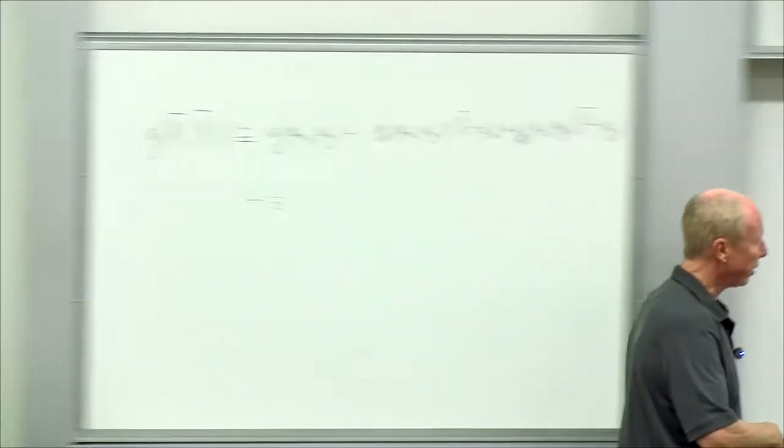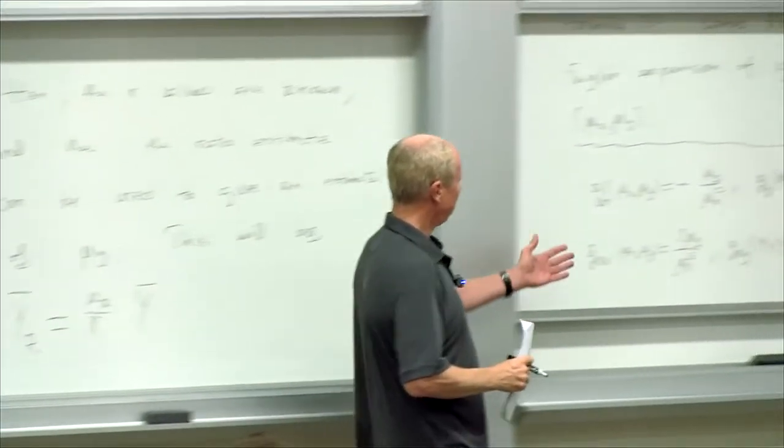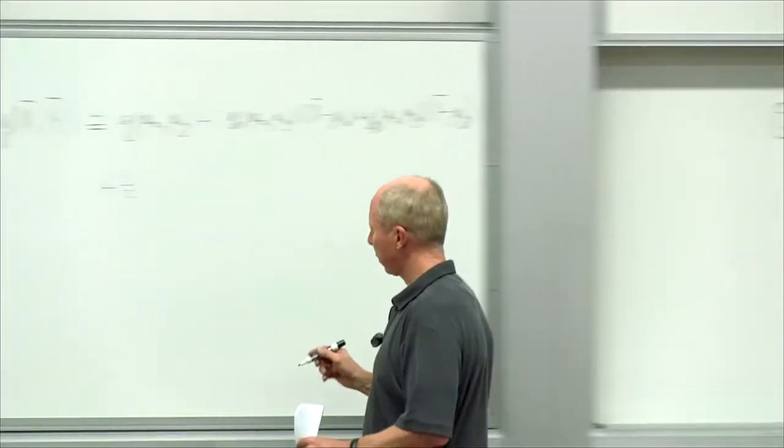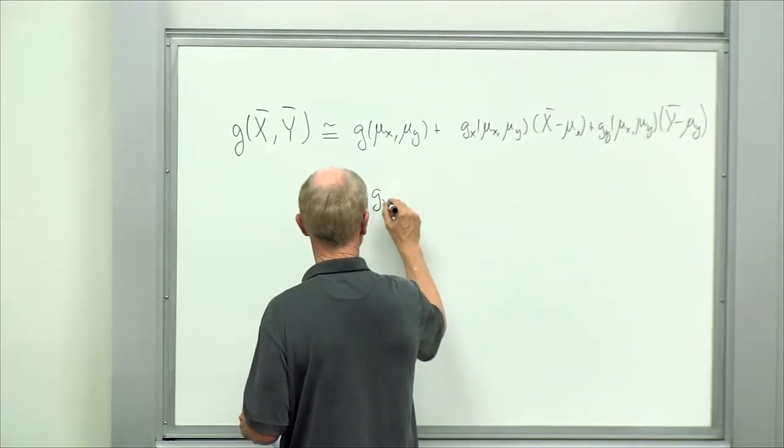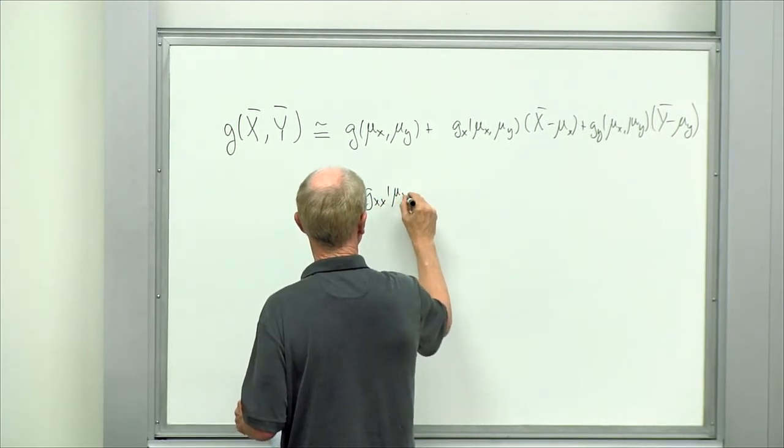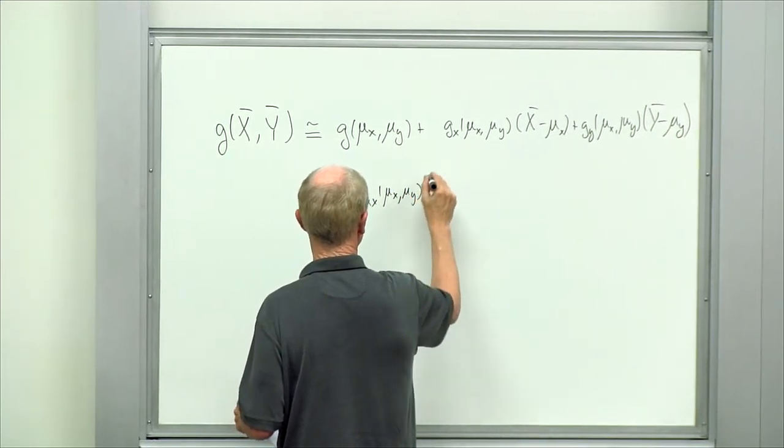Now, g xx, I put that here. Let me write out what the Taylor expansion looks like, and we'll substitute the values next.